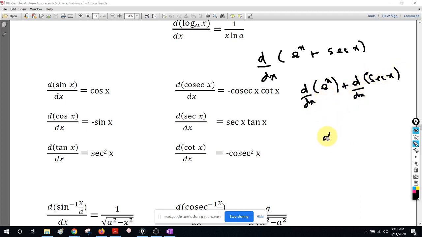So this is e^x, plus sec x derivative is sec x tan x. So that is the answer. That is the answer, right? So if you want, you can do few examples for sine inverse, cos inverse, etc. as well. For completion, let's do just one of those.